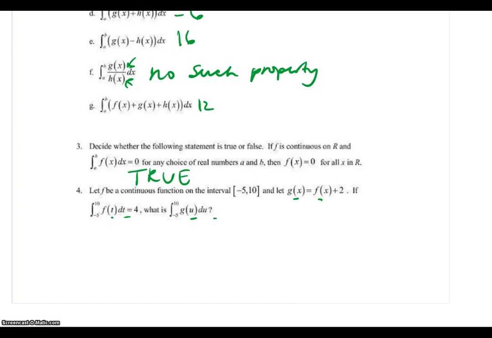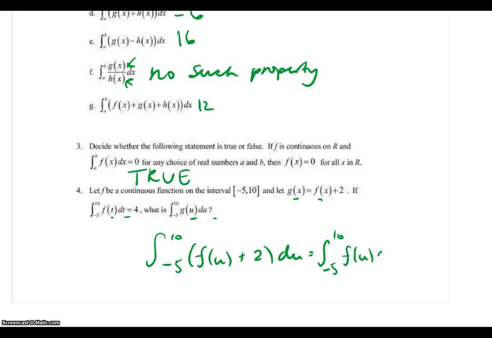We're going to work this as the integral from -5 to 10 of f of u plus 2 du, which is equal to the integral from -5 to 10 of f of u du plus the integral from -5 to 10 of 2 du. So you're going to get 4 plus 30, which is 34.